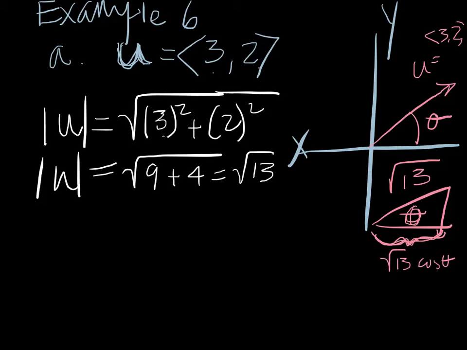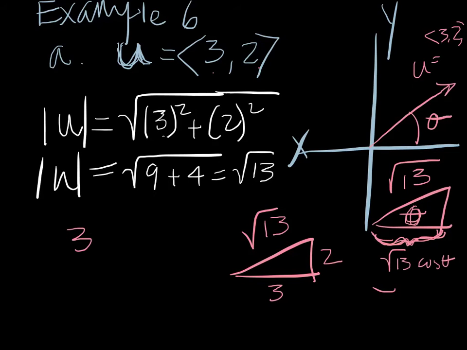They already told me that this is 3. If I write over here, square root of 13 is the hypotenuse, this is 3, and this is 2. I can set this 3 equal to the square root of 13 times cosine of theta.